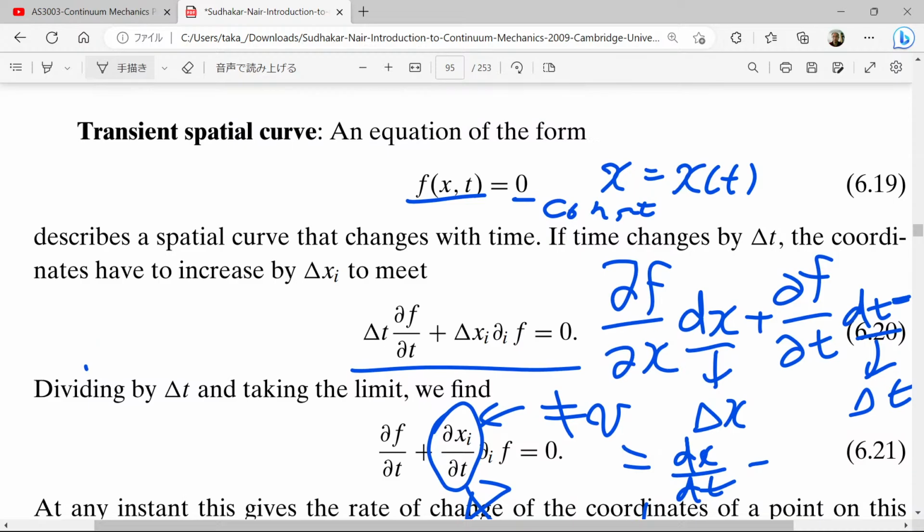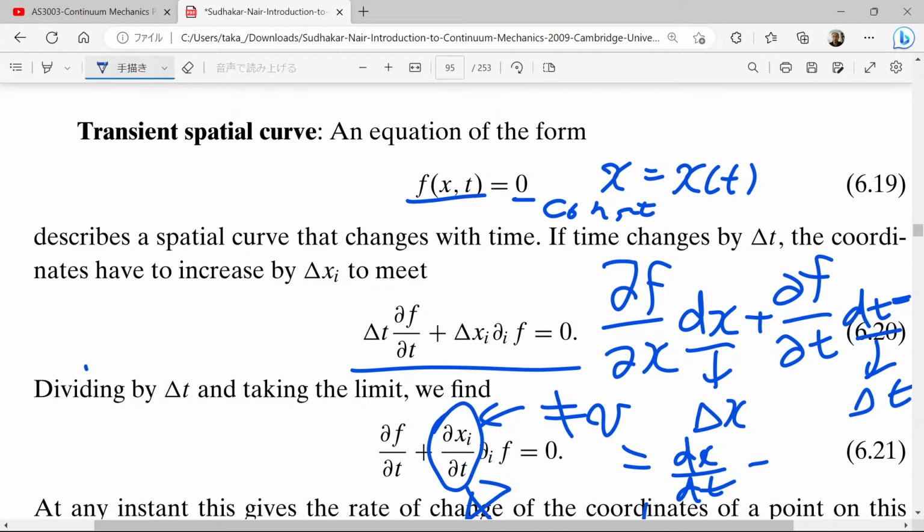Is it strange? Equations of this form describe a spatial curve that changes with time. This is not a spatial point.